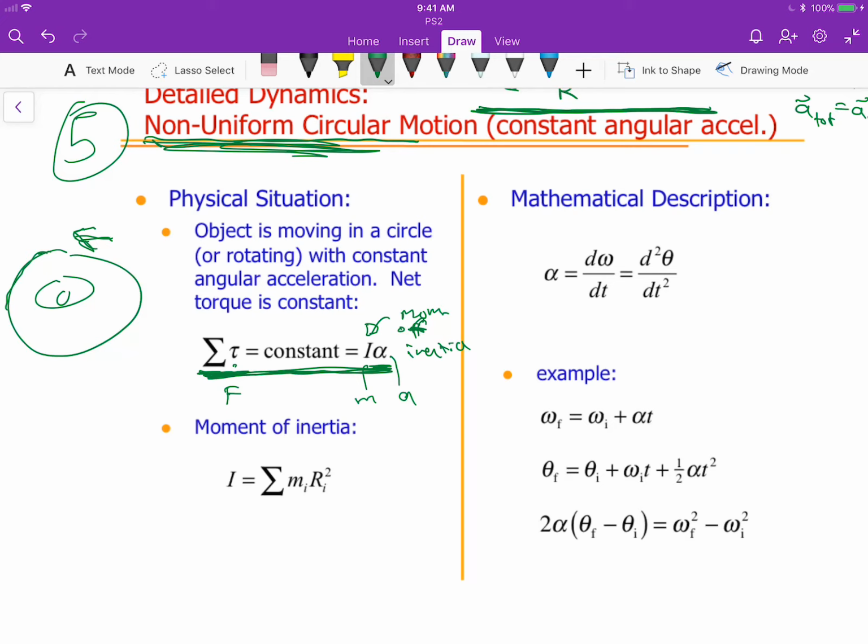And our moment of inertia for a single particle, just spinning on a bar or a string in a circle, is I equals m r squared, where m is the mass of this particle and r is the distance. But if we have many particles, we can find the moment of inertia of all of them.